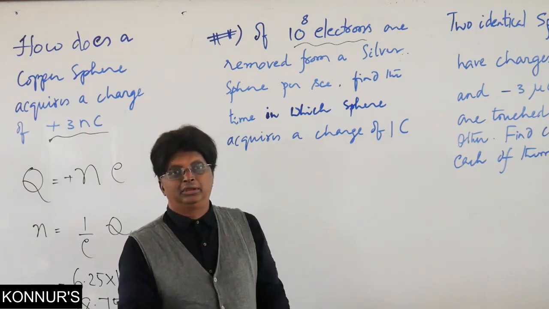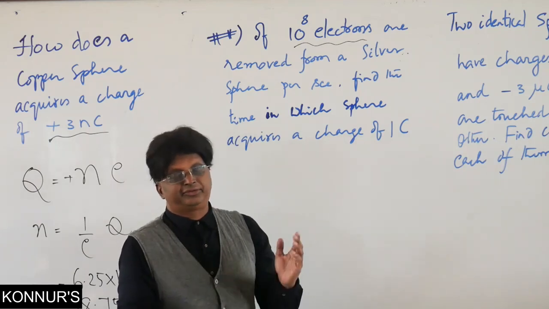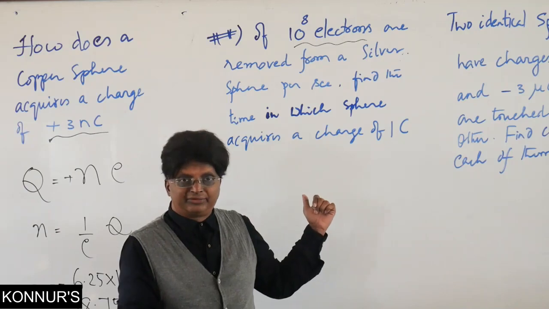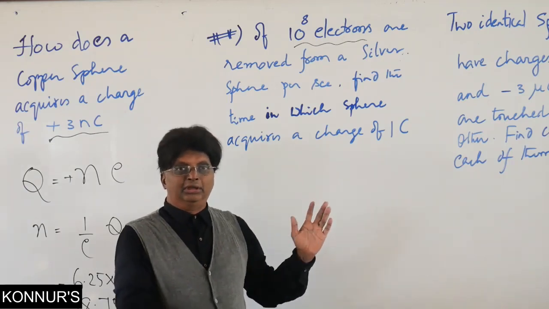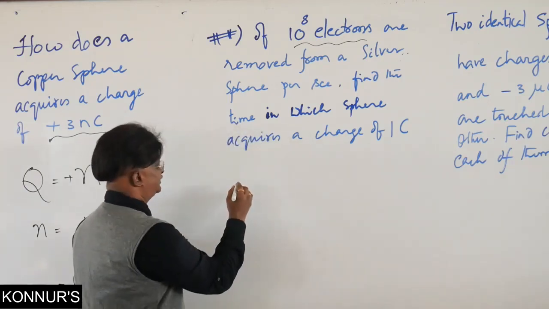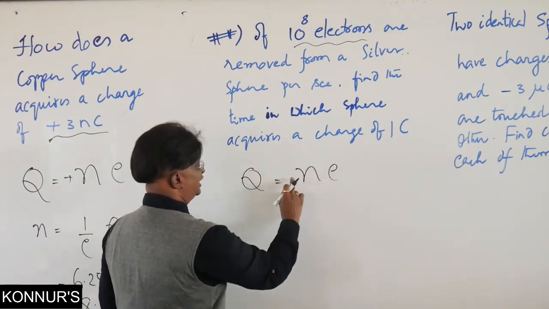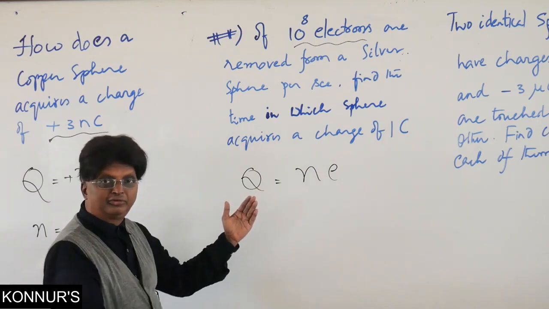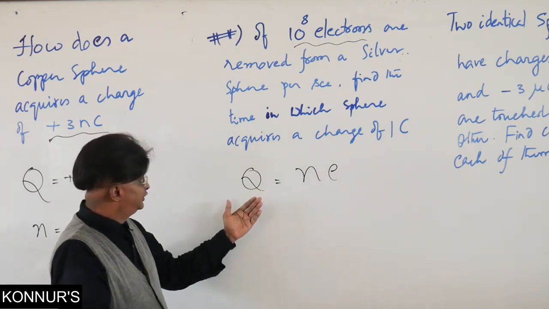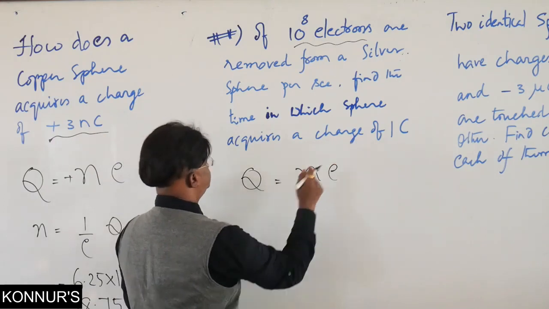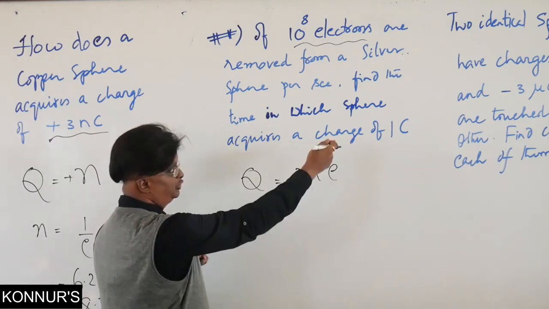Again you see, removed means it is loss of electrons and therefore it acquires positive charge. So again we have to make use of the same formula: Q is equal to N times E. Of course here it is positive sign because of the loss of electrons. Now Q is given to be 1 coulomb, with no submultiple here.